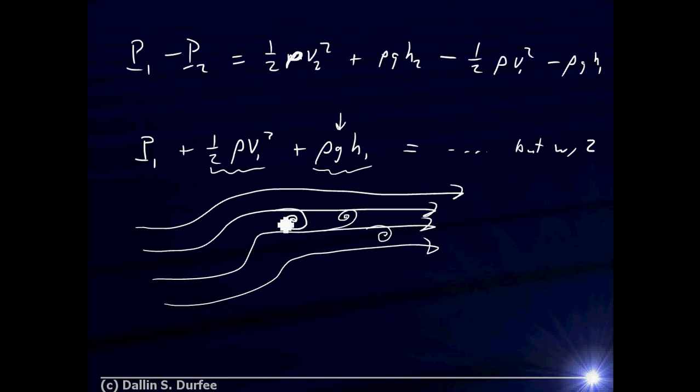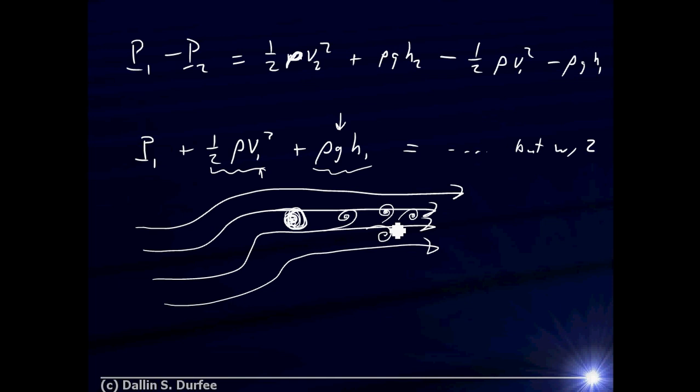Turbulence is motion of fluid which is not characterized by the net motion of the fluid along the flow. So this velocity right there does not take into account the swirling motion of the fluid. If there's swirling going on, there's extra kinetic energy in the swirling, right? And in fact, that swirling tends to move energy to smaller and smaller scales until eventually the fluid actually heats up, and some of that energy turns into heat, all right?